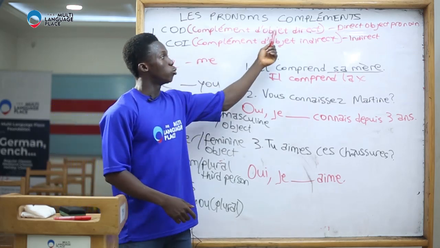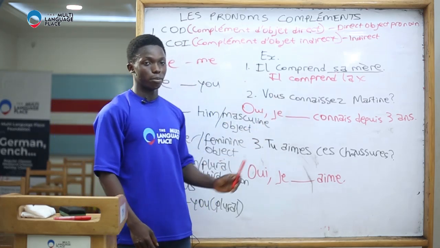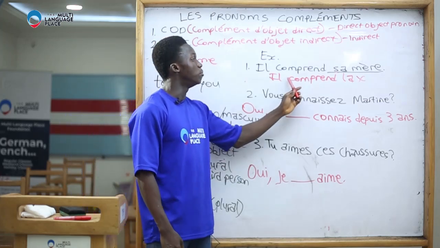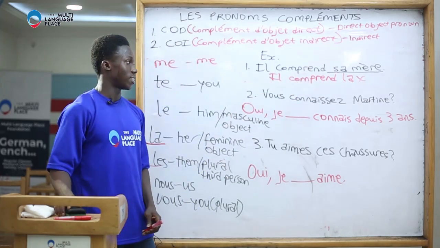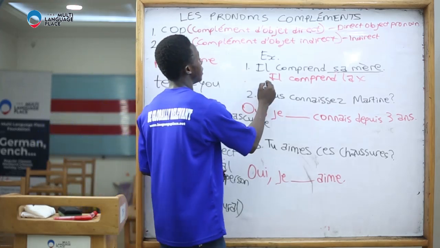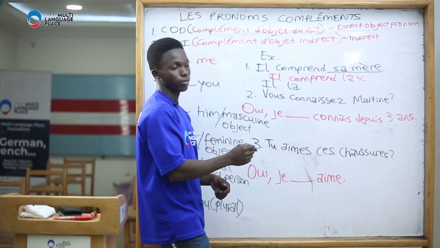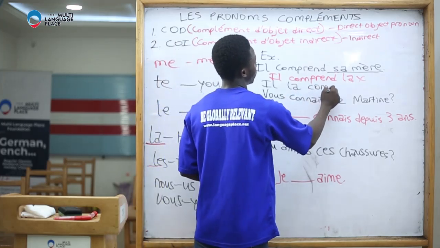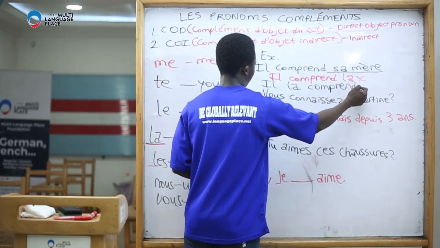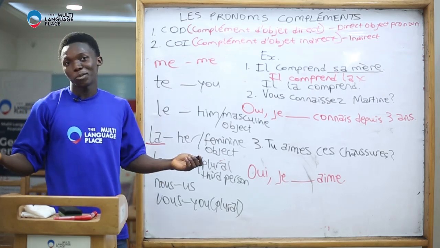Because COD, that is direct object pronouns, always come before the verb. They come immediately before the verb, acting on it. So instead of saying il comprend la, I would say il la comprend. Il comprend sa mère. Il la comprend.